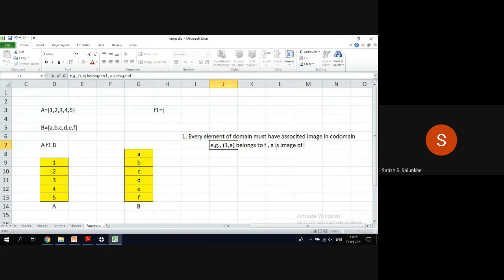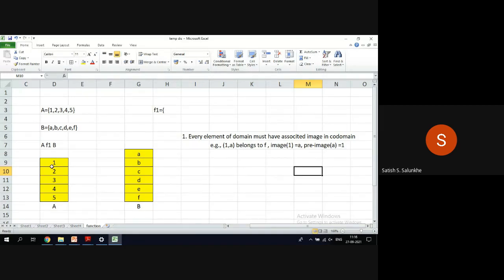Or in other way, I will write this: image of 1 is what? a. Or if I go to this codomain, I will write here pre-image of a is equal to 1. So kindly note the technical terms, that is image and pre-image. A domain element has an image in the codomain, and the pre-image of a codomain element is nothing but the domain element.